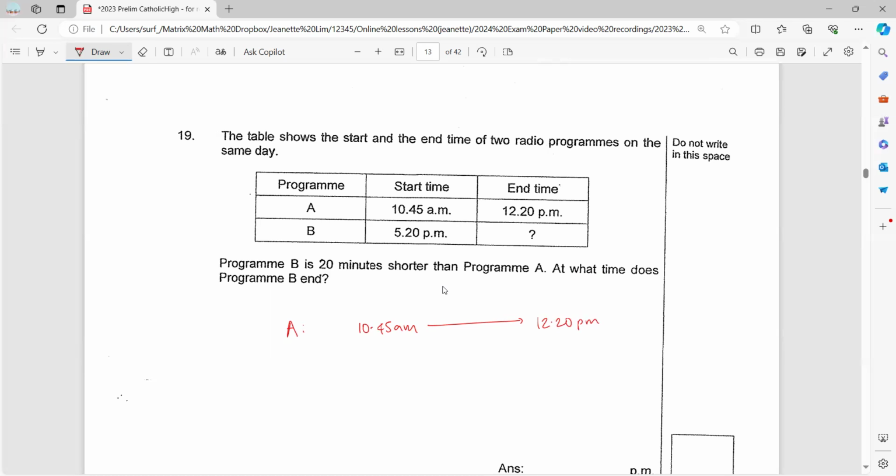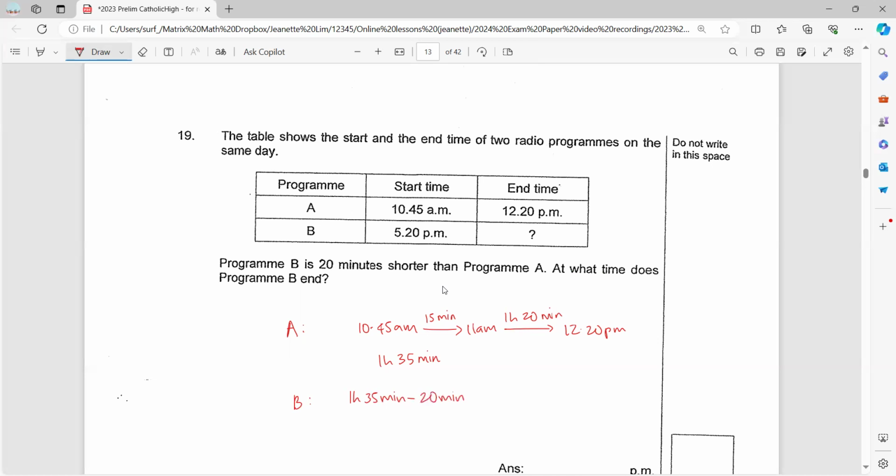Otherwise, you can split it to like 11 a.m. first, which is 15 minutes. Then you go to 12:20 p.m., which is 1 hour 20 minutes. So total time is 1 hour 35 minutes for program A. Now for program B, 20 minutes shorter. 1 hour 35 minutes minus 20 minutes.